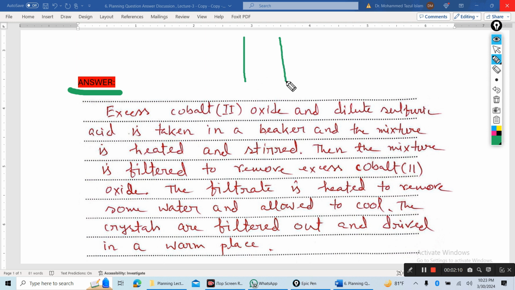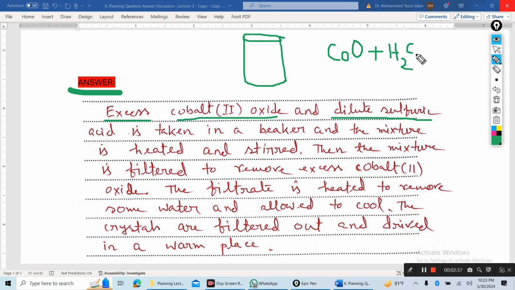At first, excess cobalt(II) oxide, CoO, and dilute sulfuric acid, H2SO4, are taken in a beaker.